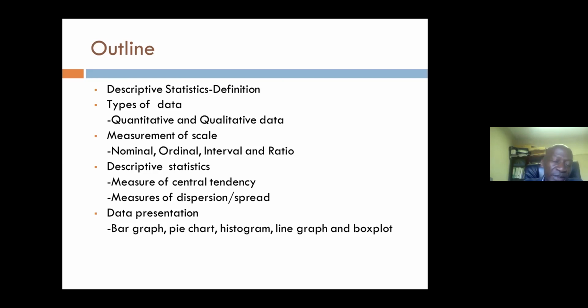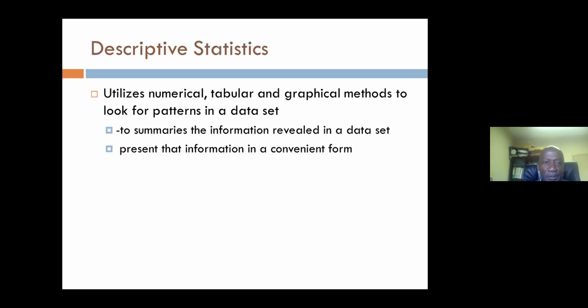So we will discuss the different data types that we encounter in research, and also discuss the measurement scales and data presentation techniques, as well as the summary measures that are used to have an in-depth understanding of the variables of interest in a study, so that we can generate useful information and come up with valid conclusions on what is characterizing a population of interest.